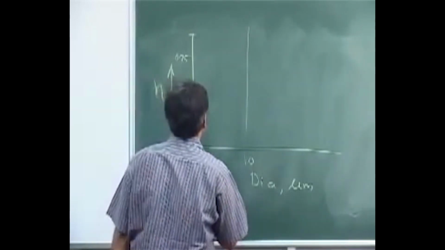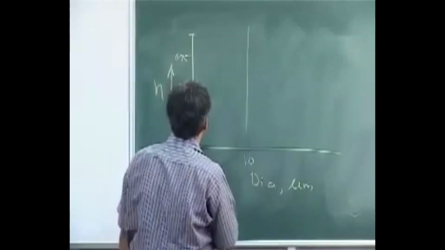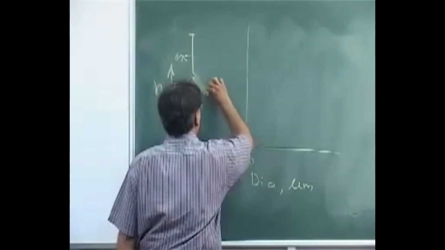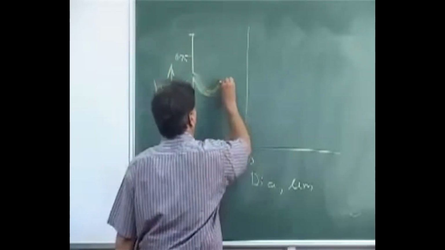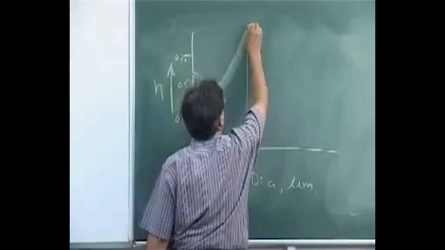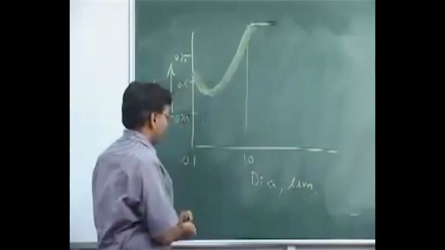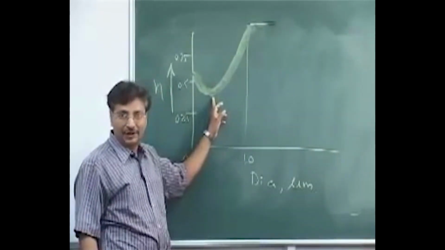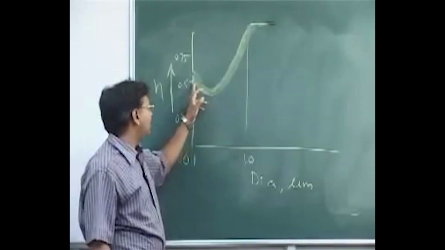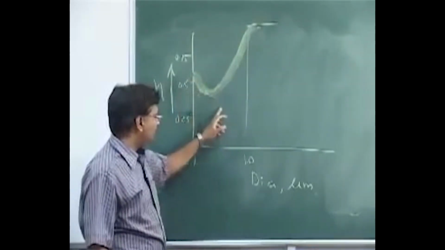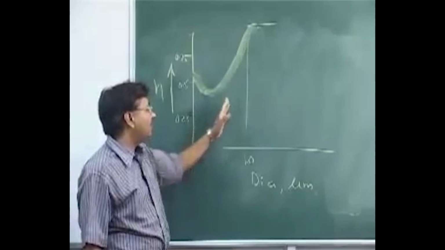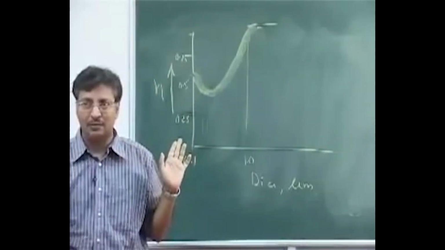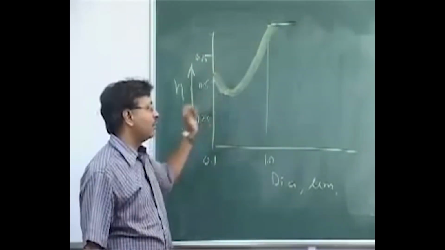So this efficiency looks like something like this. This is a band basically. Some particles between 0.1 and 1 micron have the minimum efficiency. The particles smaller will have this behavior, and then you see almost any particle with size of 1 micron and above will be removed 100% in your ESP. But some particles may have some lower efficiency.